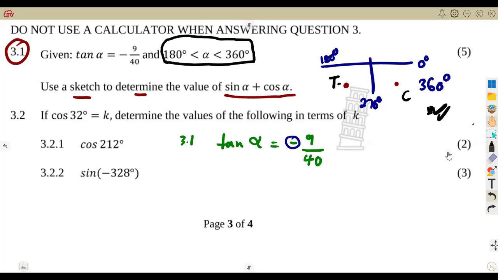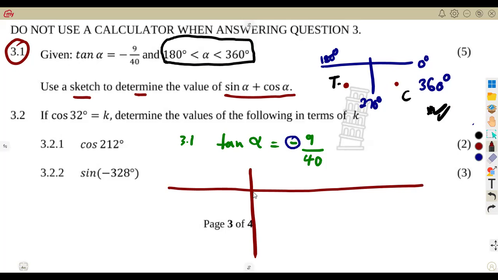Analyze that part first. So this is found in the fourth quadrant. If it is found in the fourth quadrant, therefore we're done, because we know in the fourth quadrant our triangle is going to be like this. So we're just going to have our right angle triangle.